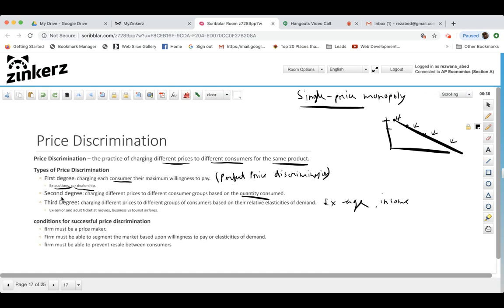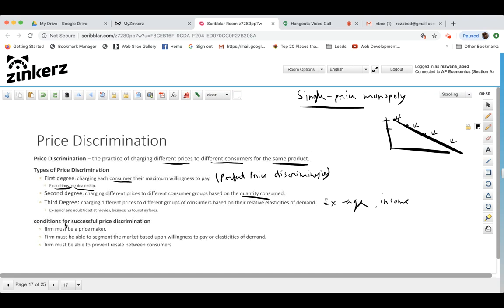If you think about the example here, at movie theaters, there are different prices for adults, and then there are different prices for seniors. Seniors usually pay a more discounted price, versus adults who have to pay a higher price.